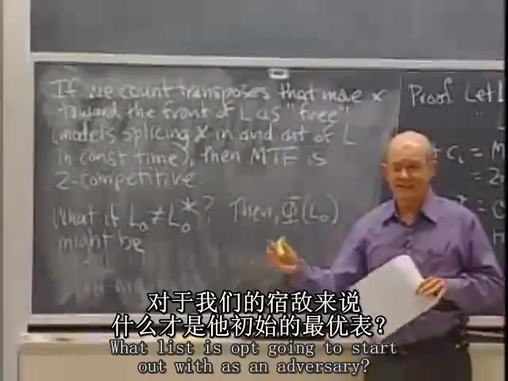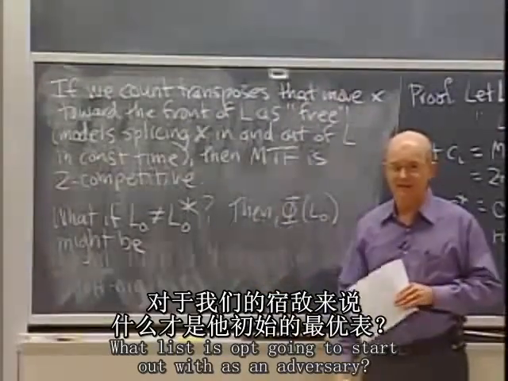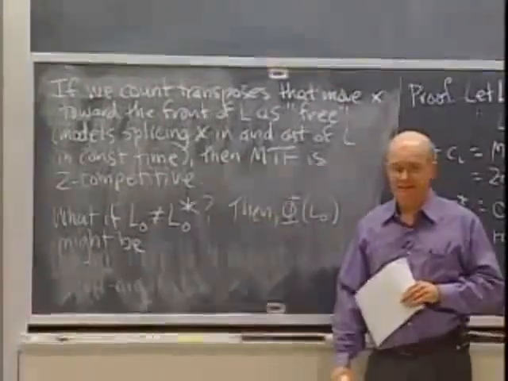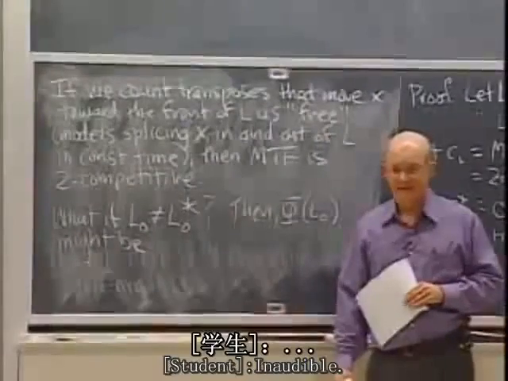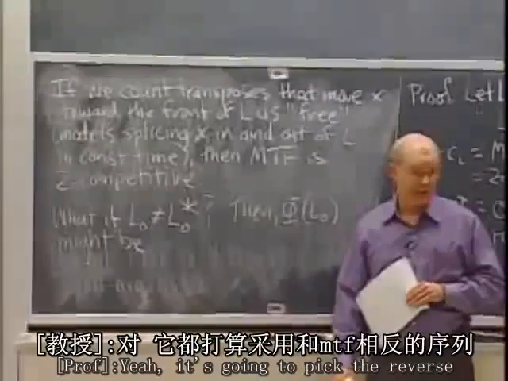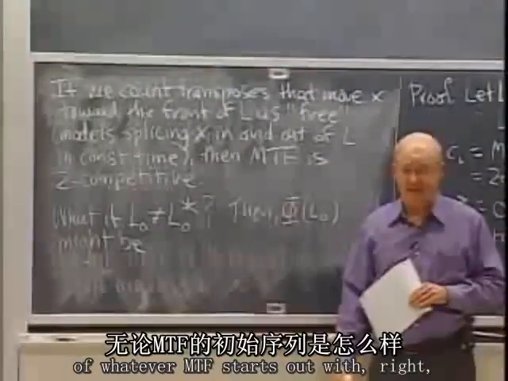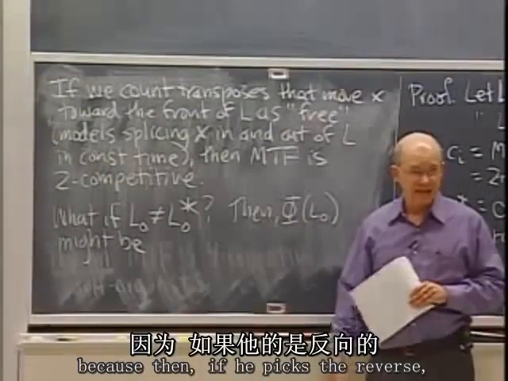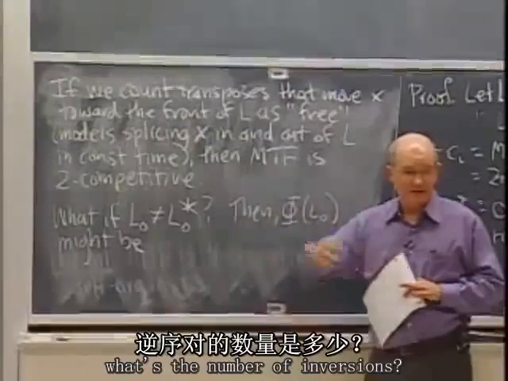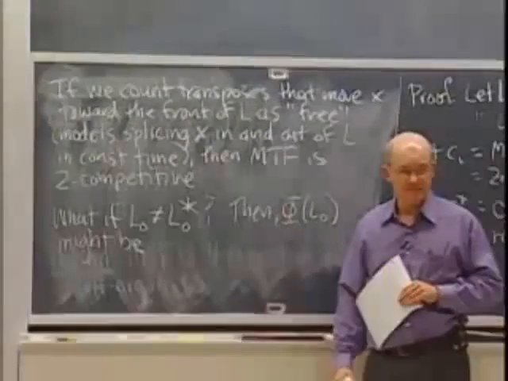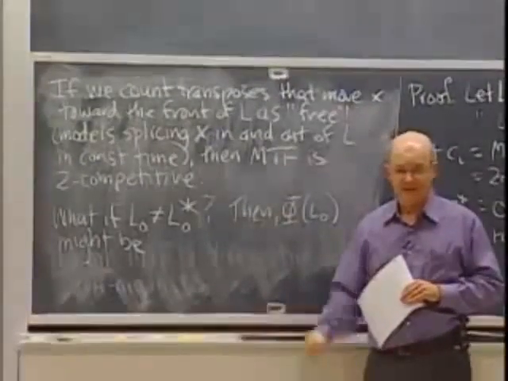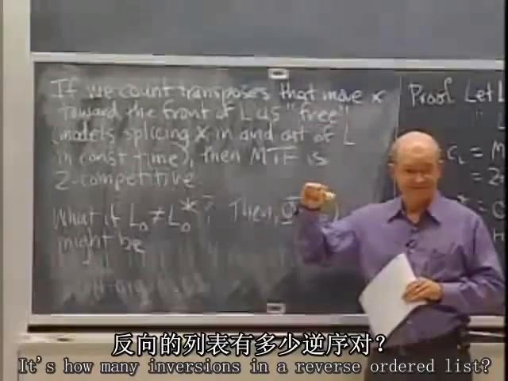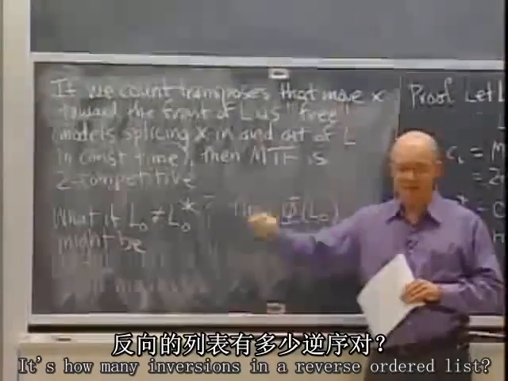What list is OPT going to start out with as an adversary? He's going to pick the reverse of whatever MTF starts out with, right? And if he picks the reverse, what's the number of inversions? How many inversions in a reverse ordered list?